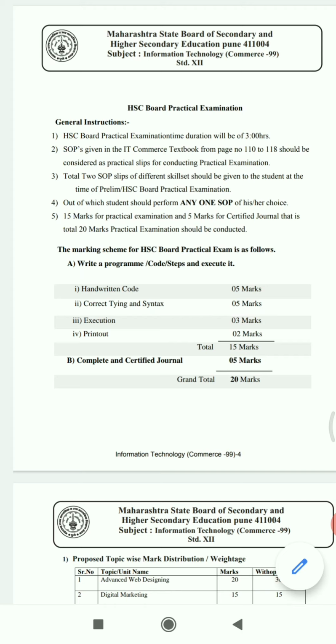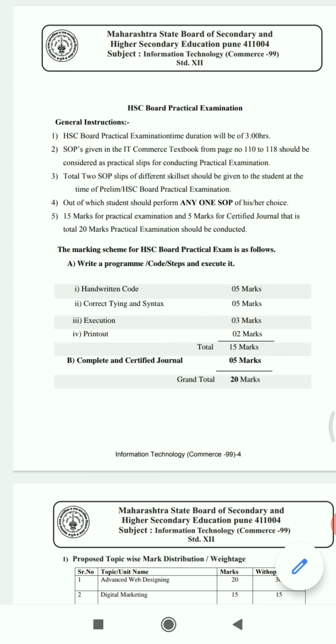So 15 marks. How is the practical evaluated? There are 20 marks in total. The handwritten code will be given 5 marks. Correct typing as well as syntax will be given 5 marks. If your program runs properly and you get the correct output, you will be given 3 marks, and the printout of your executed program will be for 2 marks.